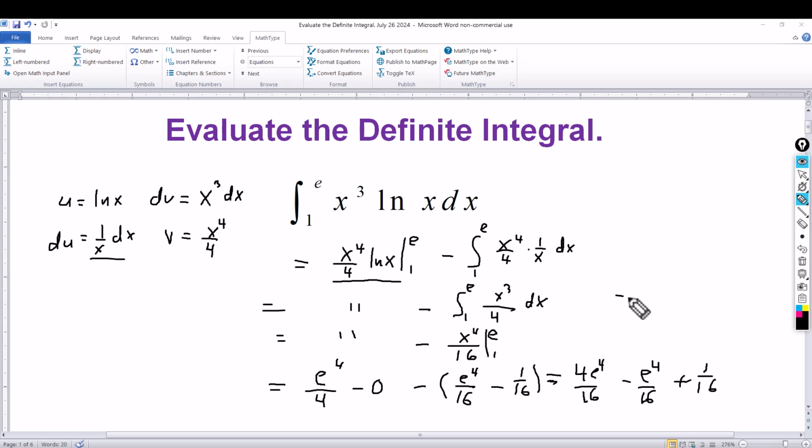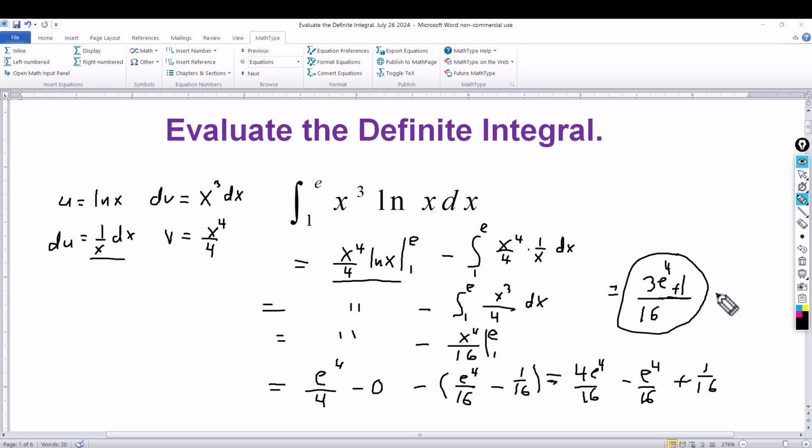And I move this up here. 4 e to the 4th minus 1 e to the 4th, that's 3 e to the 4th, over 16. And then I got the 1, and that's over 16 also, so I just put plus 1 over 16. And this is your exact answer right here. Remember, this is a definite integral, so we don't have a constant of integration. 3 e to the 4th plus 1 over 16.